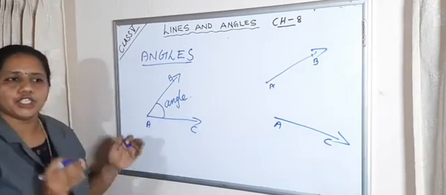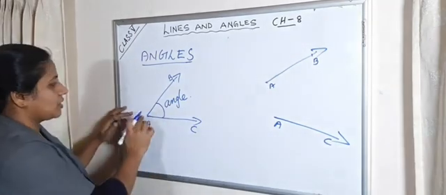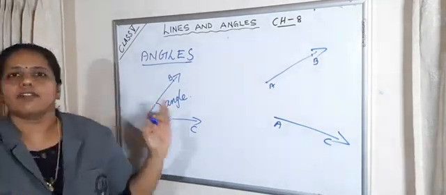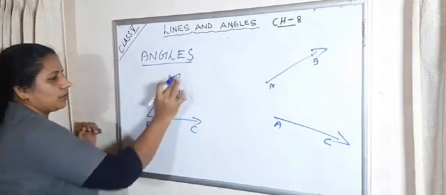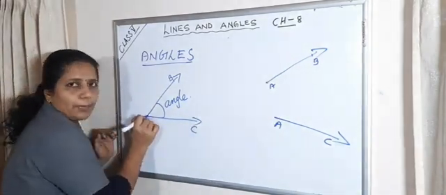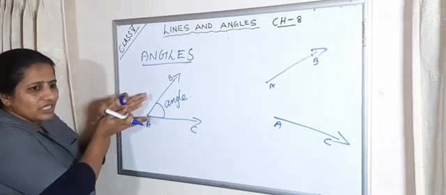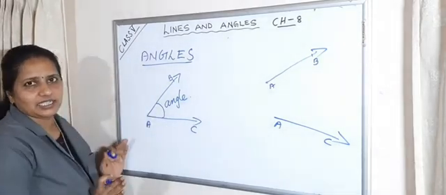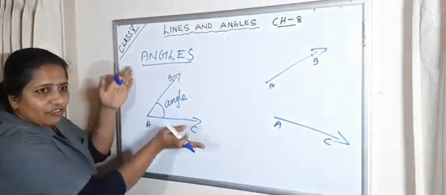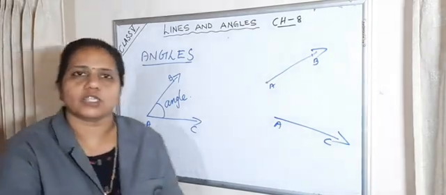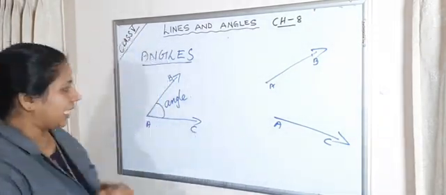That is, when two rays emerge from a common point and move in different directions, it is called an angle.